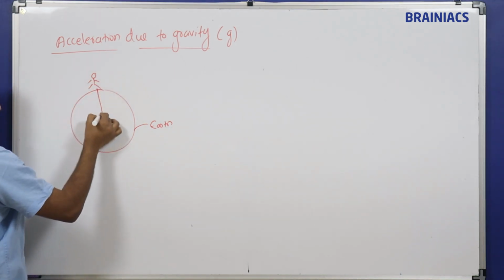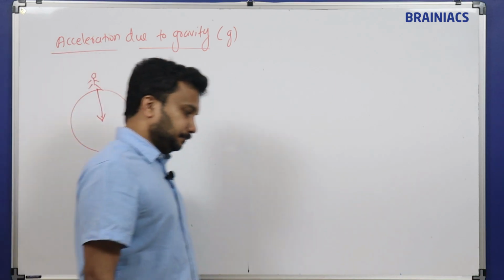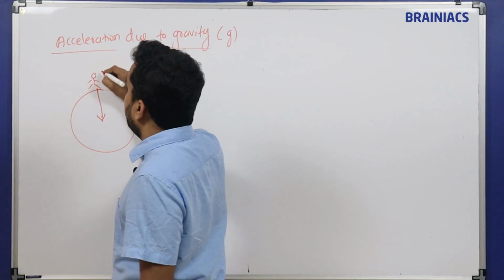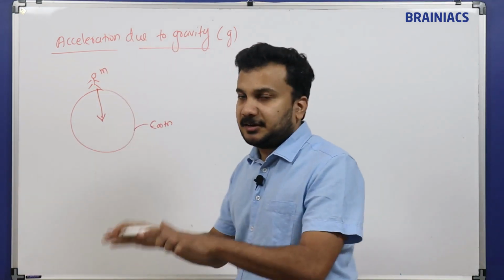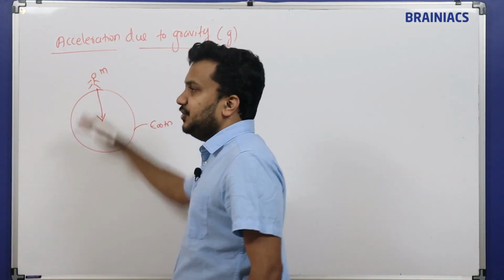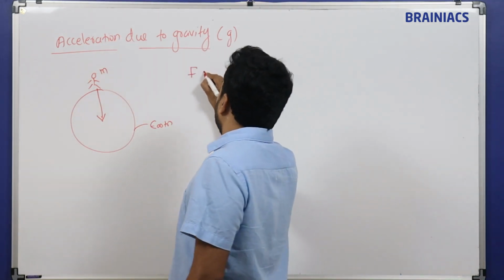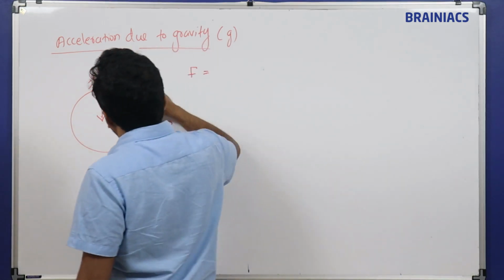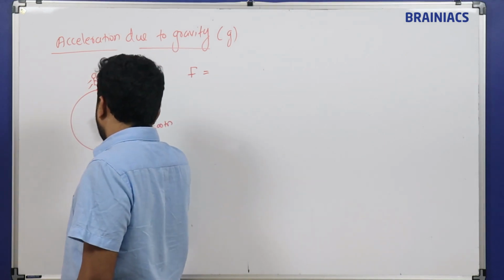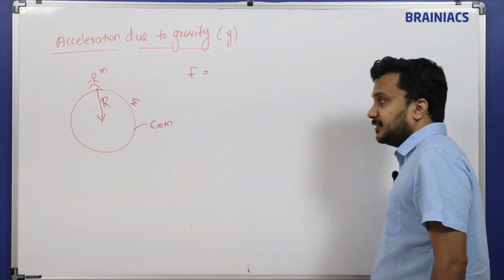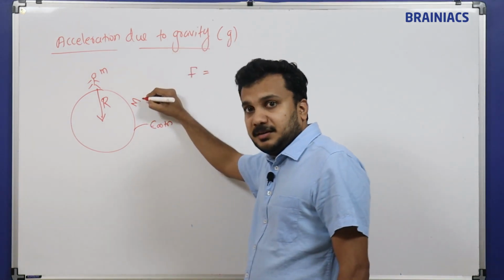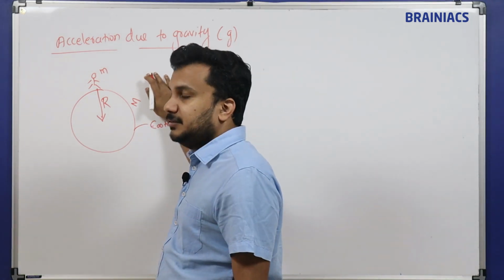What will happen? I am attracted towards the center of the earth, which means my weight, my mass is m. So the force attracting me towards the center of the earth involves the earth's mass capital M and the earth's radius R. Some textbooks use a different notation, but that doesn't matter.